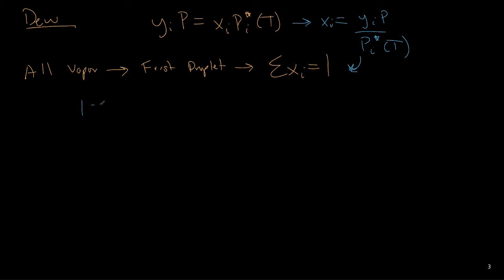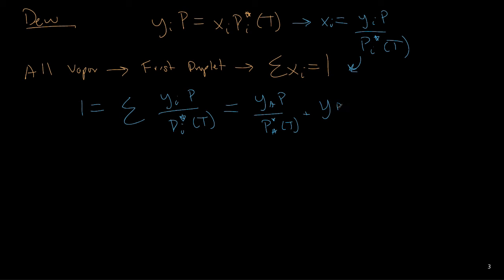So we substitute this into the expression again, and we can see that 1 is equal to the summation of yi P over Pi star of T. We substitute in our A and our B. Now, if we do the rearrangement, we're trying to solve for the system pressure.